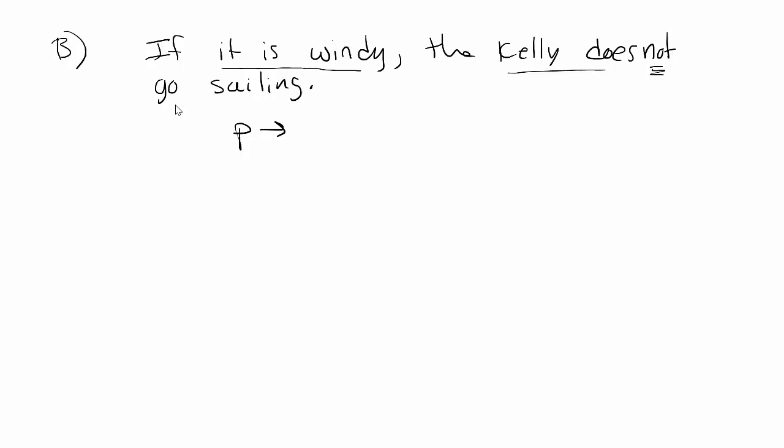So Kelly goes sailing is the Q. If you have Kelly does not go sailing, that would be the negation of Q. So that's the current form for the conditional statement we have.